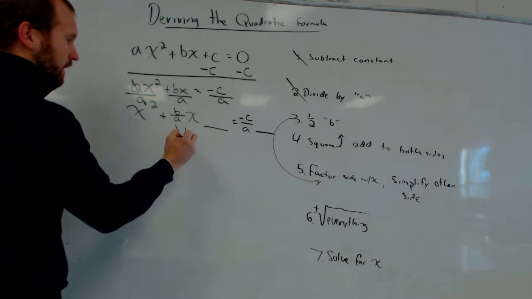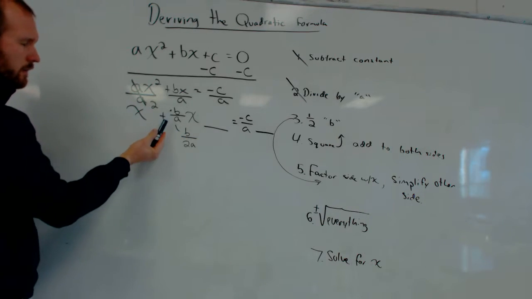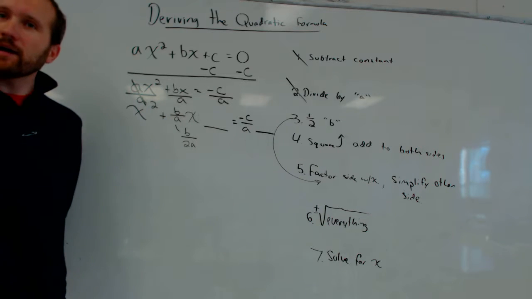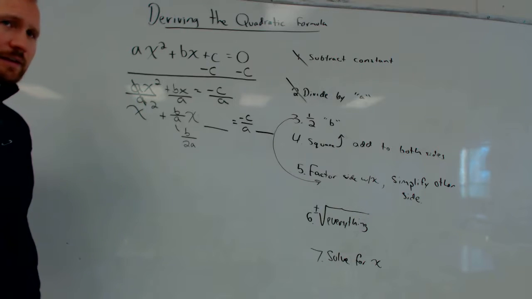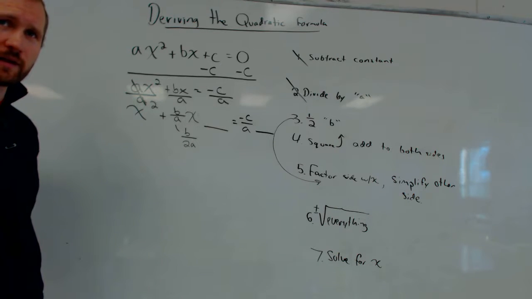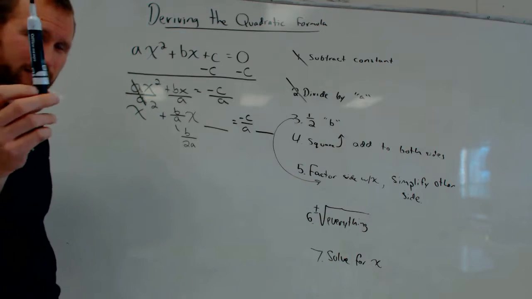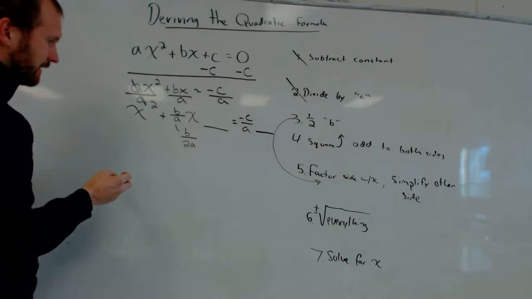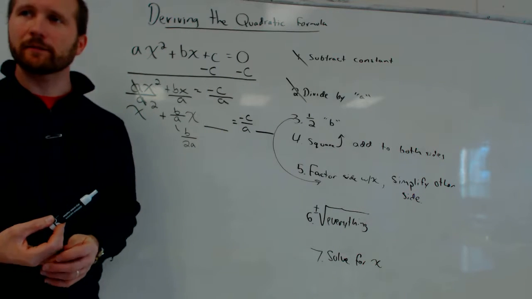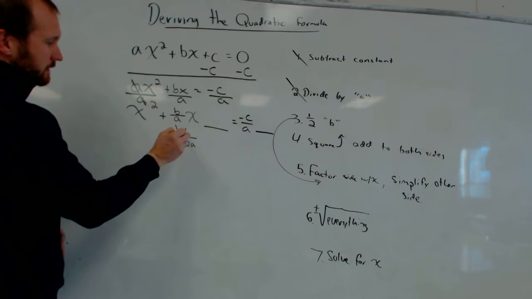Yeah, b over 2a. Negative b over 2a is the formula we use to graph quadratics. It's the axis of symmetry. Yeah. Totally related. Okay, so how can we square this?